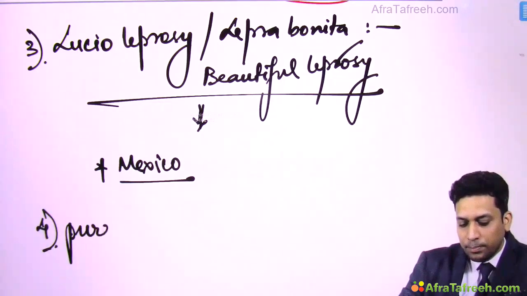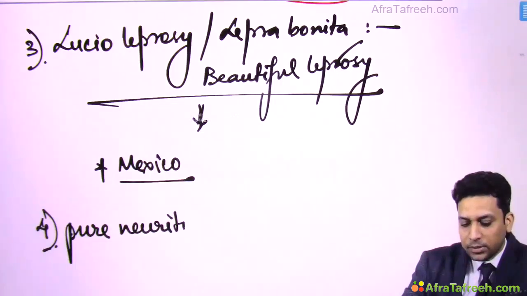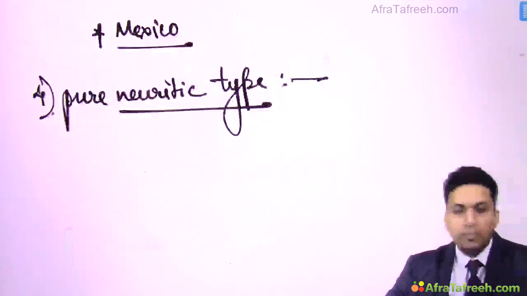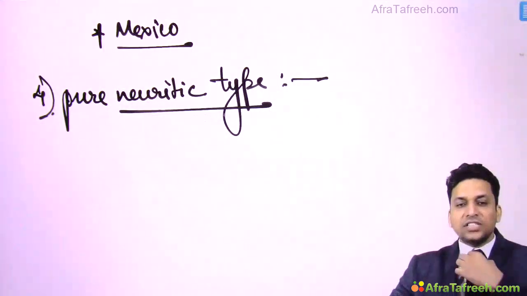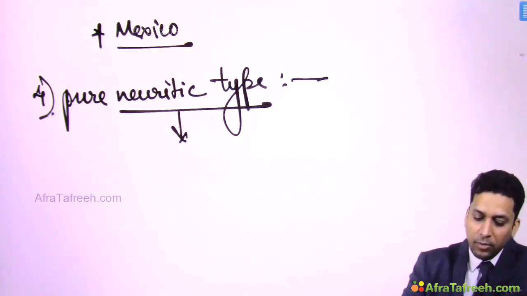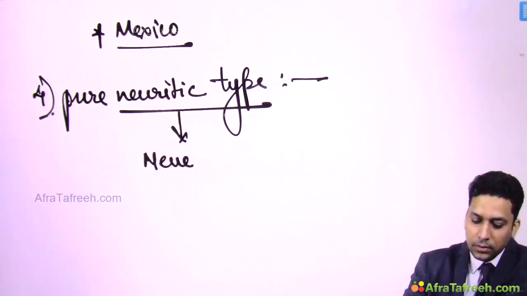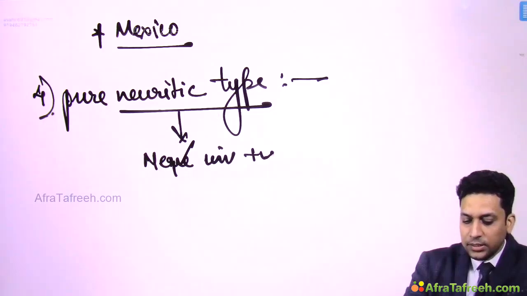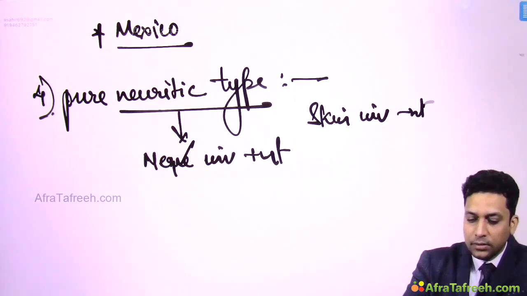Then there is pure neuritic type of leprosy. Now this is very obvious from the name itself, pure neuritic. Here only nerve involvement is seen. Nerve involvement is present, skin involvement is absent.